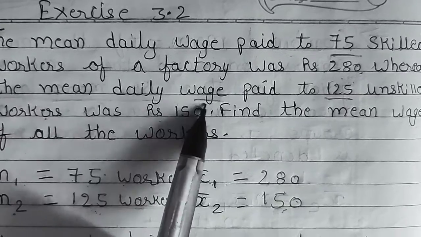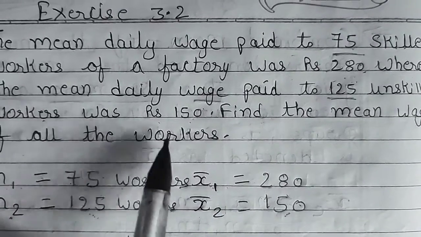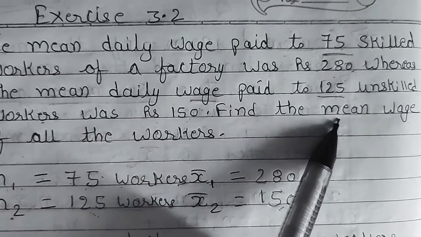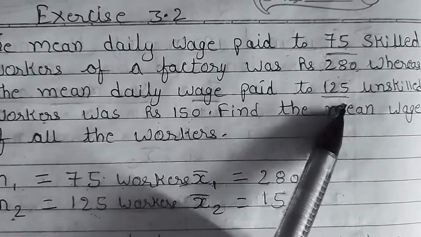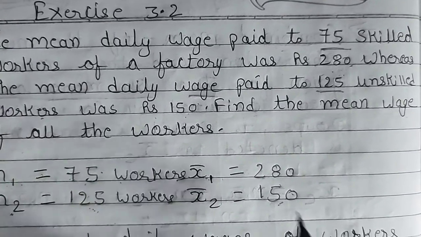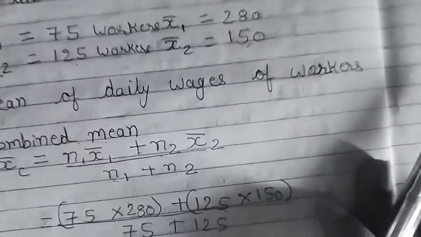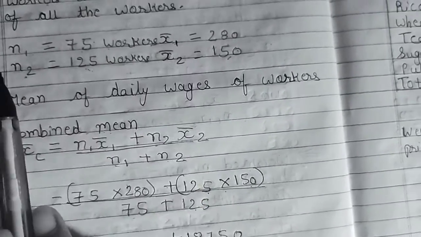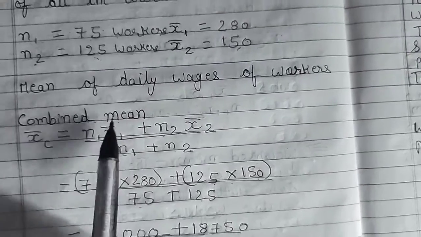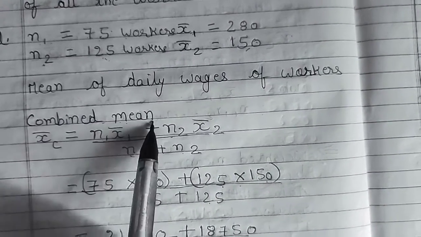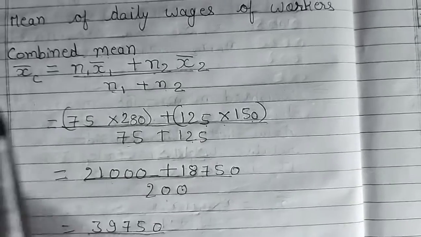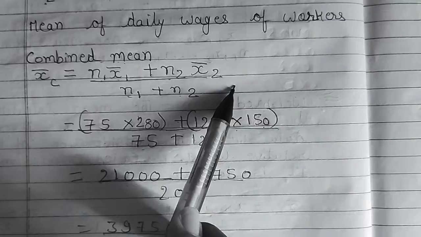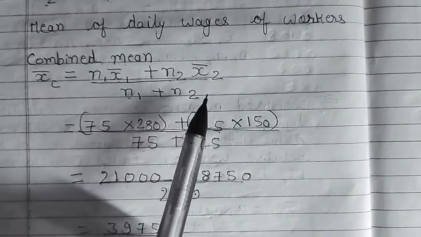And same way the mean daily wage paid to 125 unskilled workers was rupees 150. So x bar 2 is 150 and n2 is 125. The combined mean I have to find. So combined mean of daily wages of workers x bar c is equal to n1 x bar 1 plus n2 x bar 2 upon n1 plus n2.